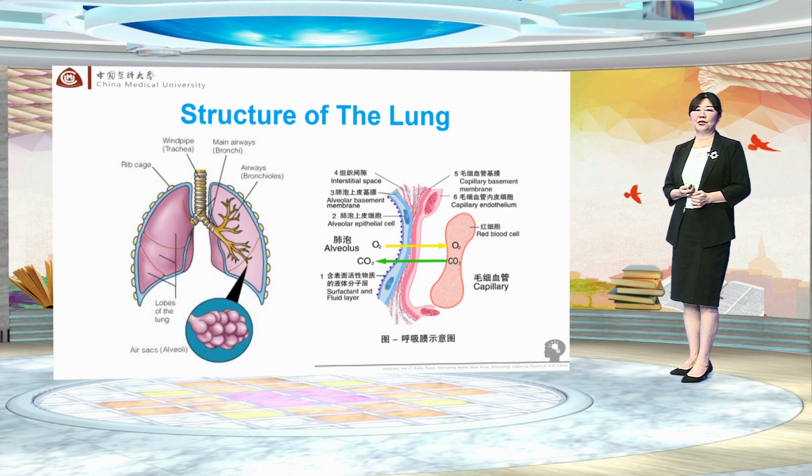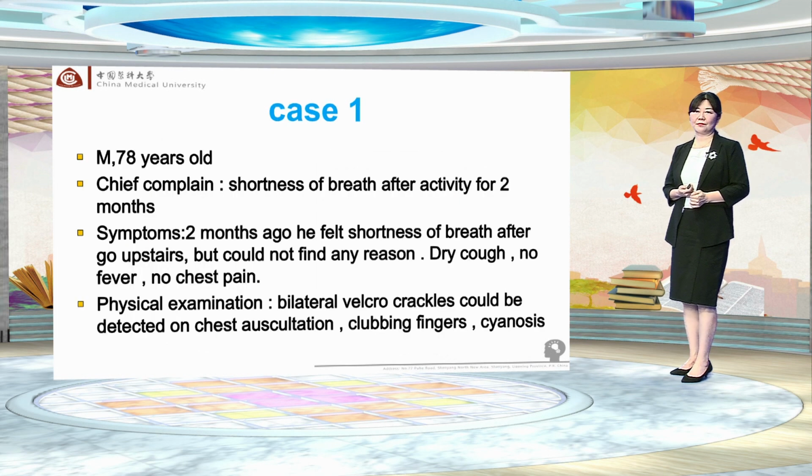The blood-air barrier becomes thickened and it's not so easy for oxygen to go through. Then the patient will develop hypoxia. Now, I would like to show you some clinical cases to explain what ILD is.